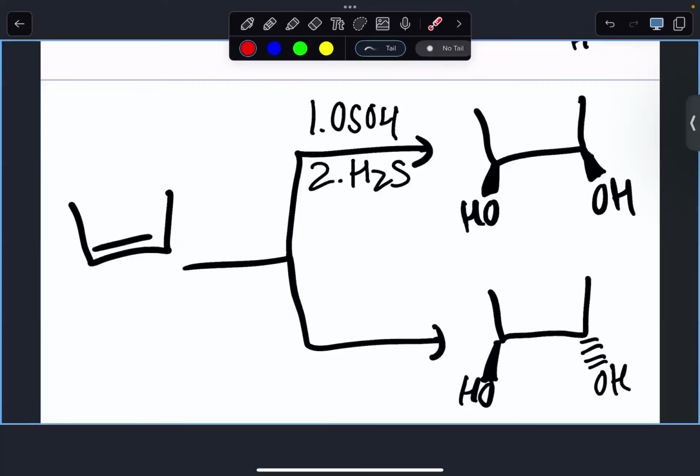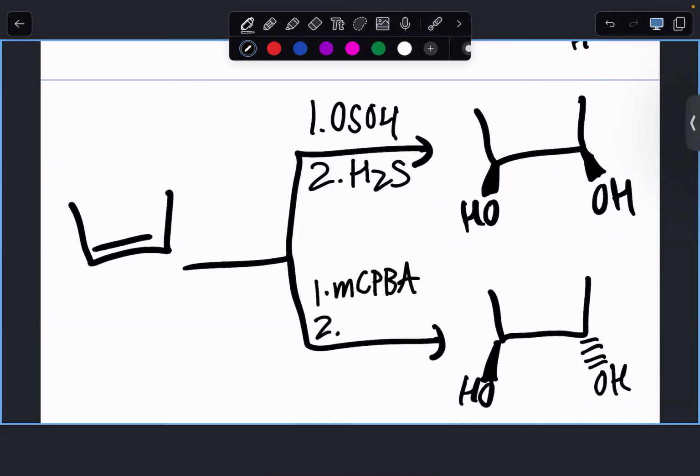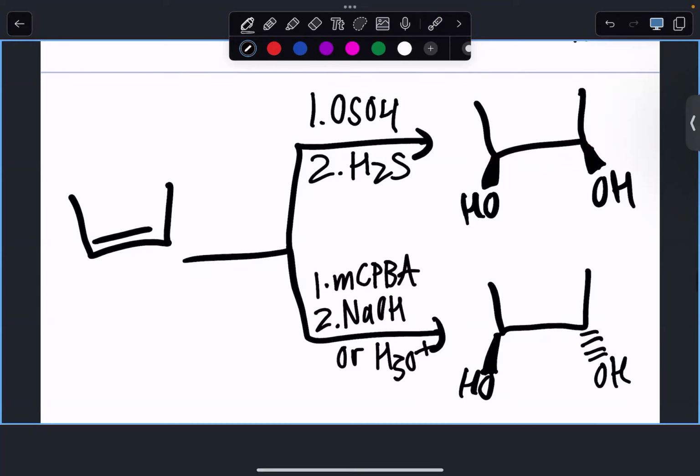That leads to the cis vicinal diol. If you want the trans vicinal diol, then you would first use MCPBA to make the epoxide. And then the second step is going to be NaOH or H3O plus to get the trans vicinal diol. So it depends on what you want for synthesis. These are your different routes.